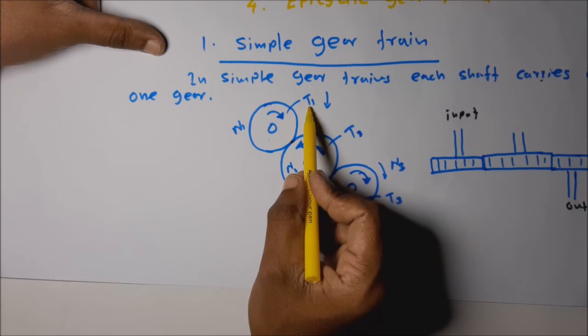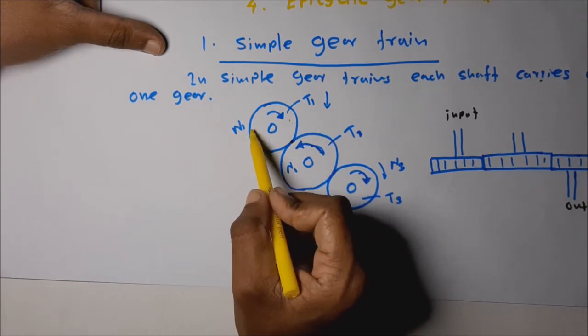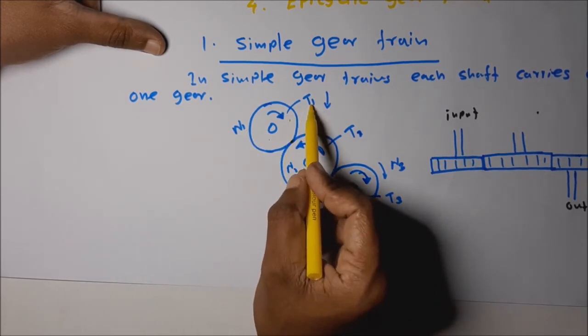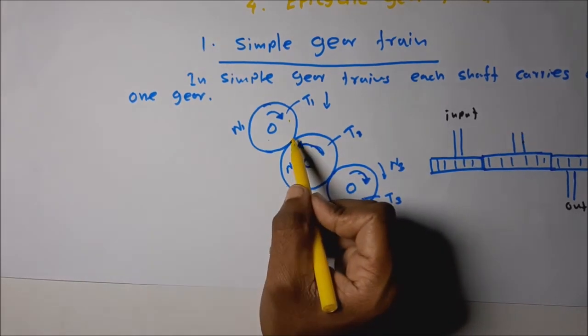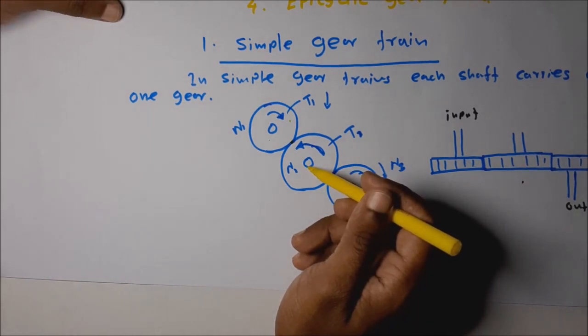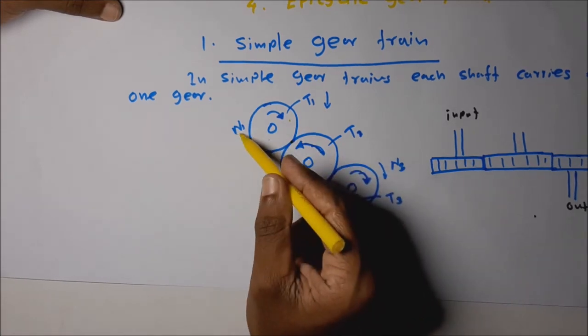Here, this has T1 teeth and it is rotating at N1 speed. For N1 revolutions, how many teeth are in contact with the second gear wheel?